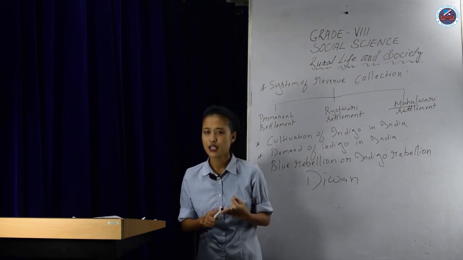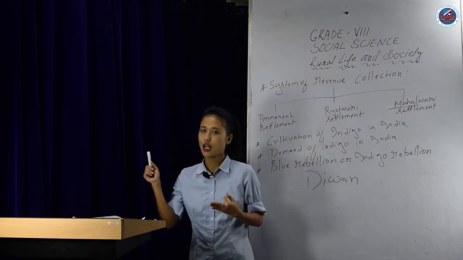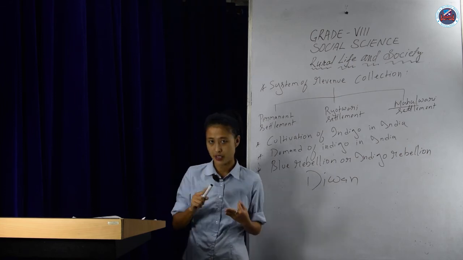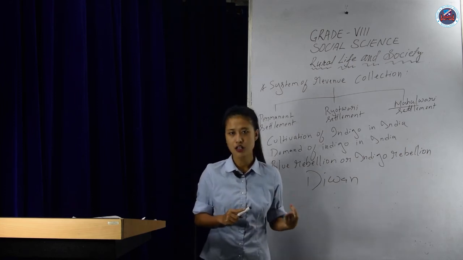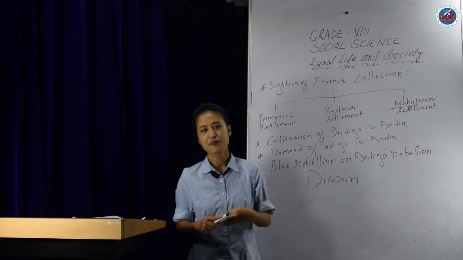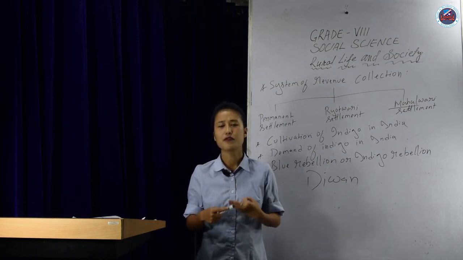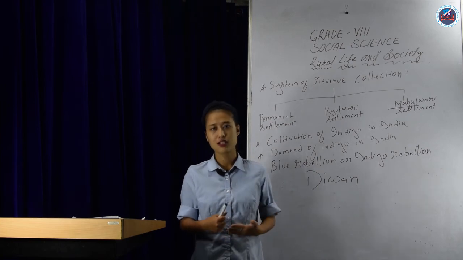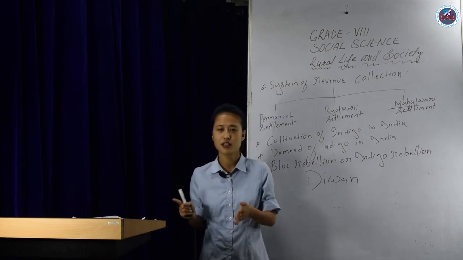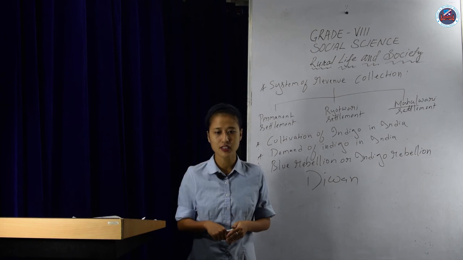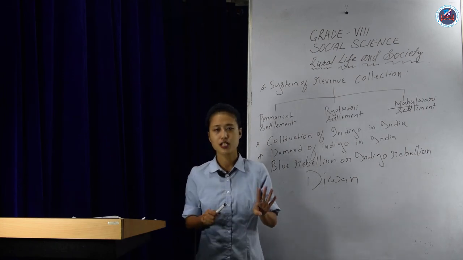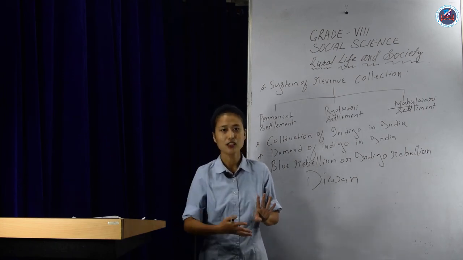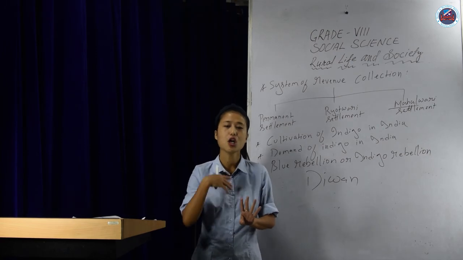Not only that, in the year 1917, when Mahatma Gandhi visited Champaran, which is in Bihar, some kind of relaxation was granted to the indigo cultivators. So these are the four consequences after the Blue Rebellion.